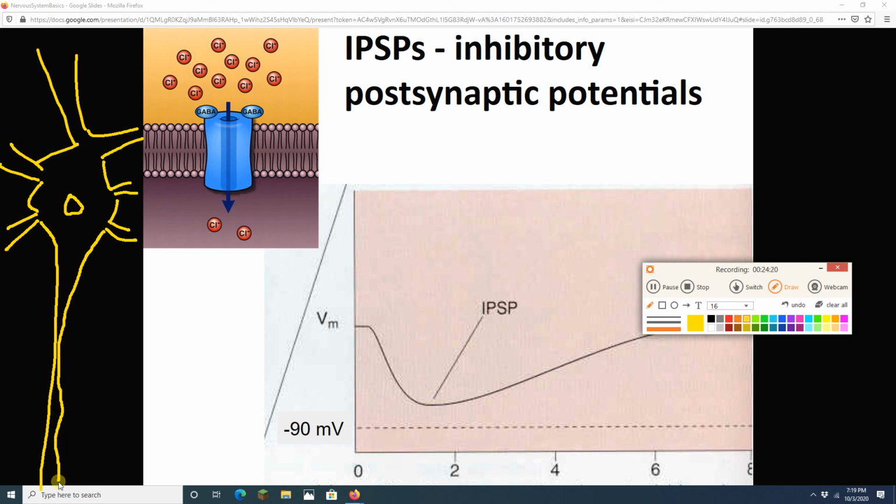There's my neuron. Let's suppose there was another neuron. And here's his axon. Actually, I don't like that one. Let's redo that one. There we go. That's better.